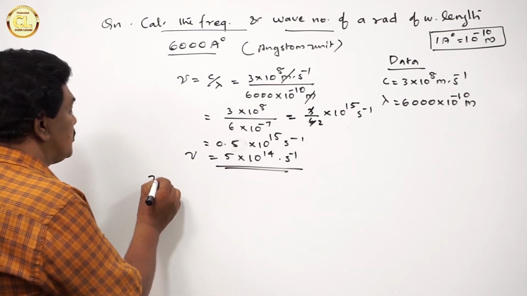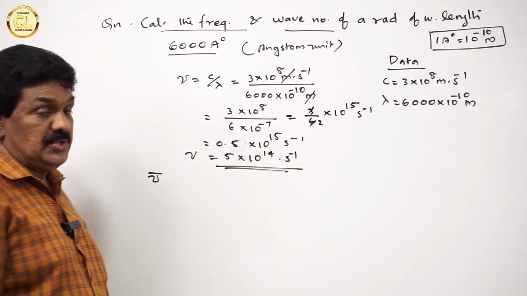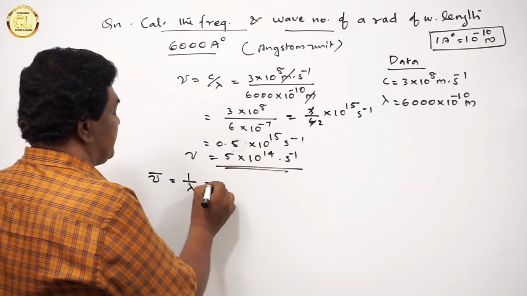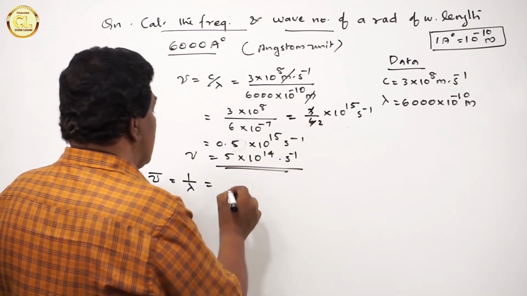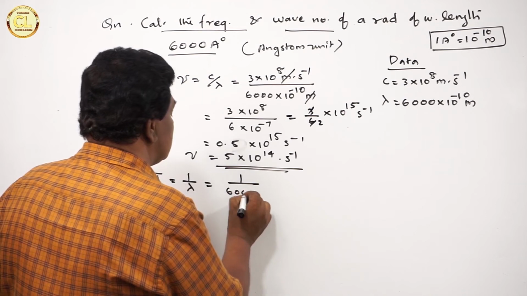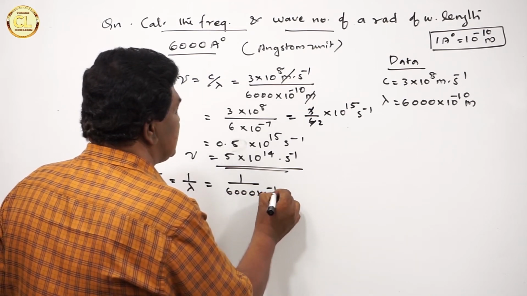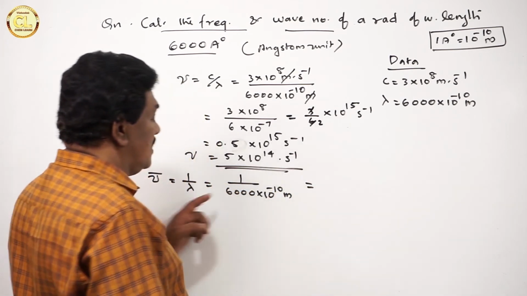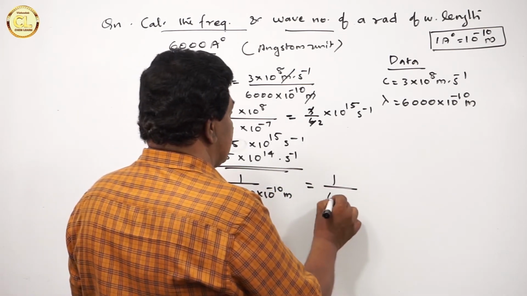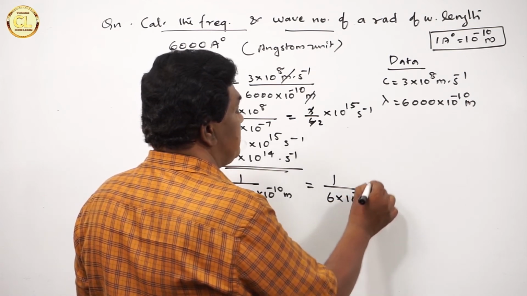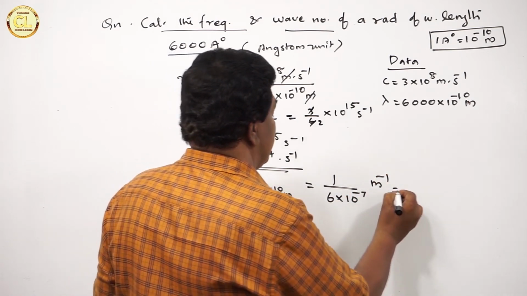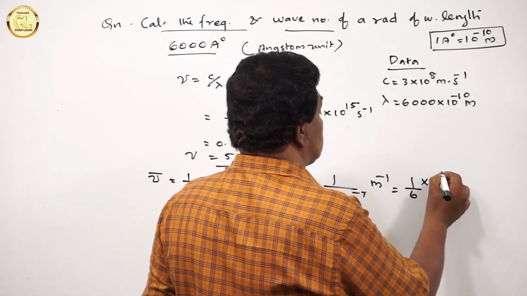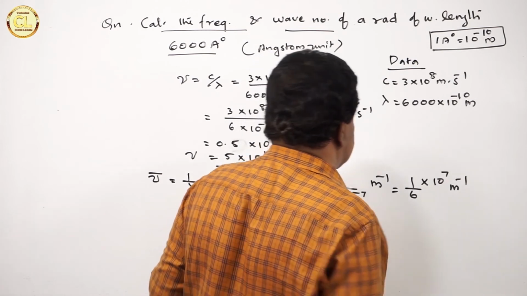Now, we are asked to calculate the wave number. Nu bar is equal to 1 by lambda. And we know that lambda is 6000 into 10 raised to minus 10 meter. So this is 1 by 6 into 10 raised to minus 7 meter, which is equal to 1 by 6 into 10 raised to 7 meter inverse.